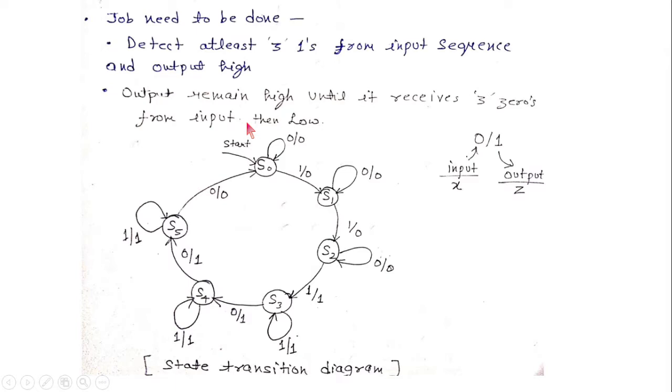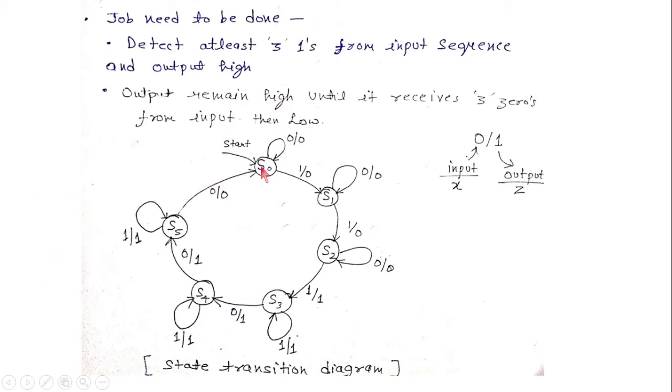Once it gets 3 zeros, the output will become low and the starting state will be initiated. So let's design the state transition diagram.